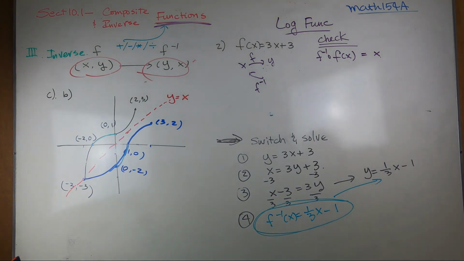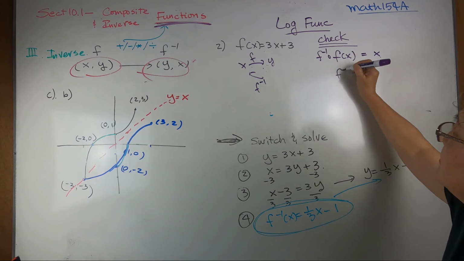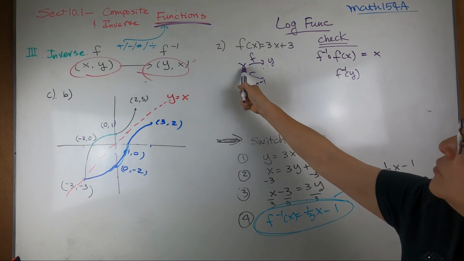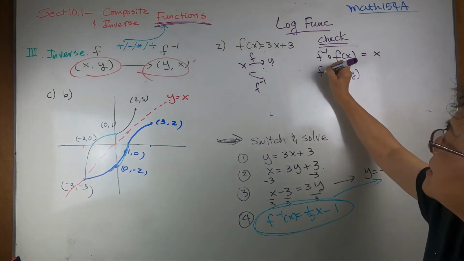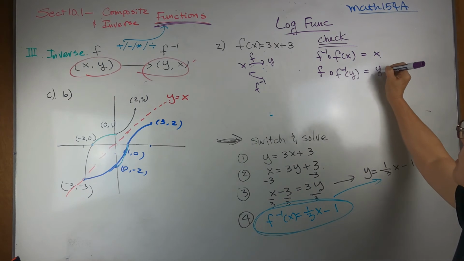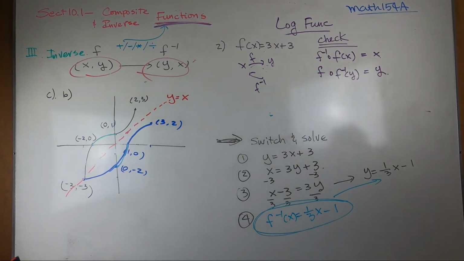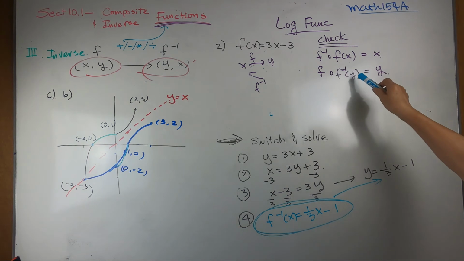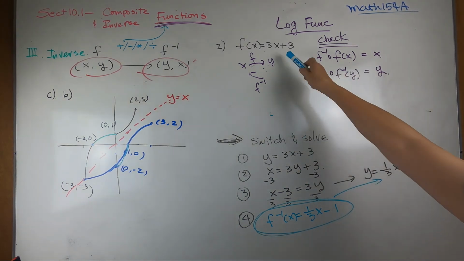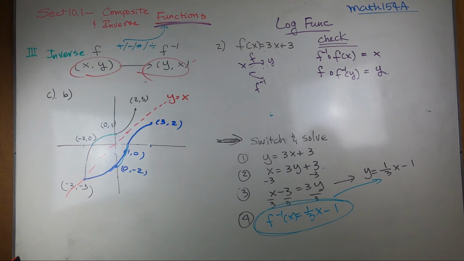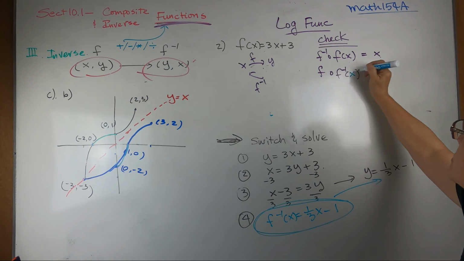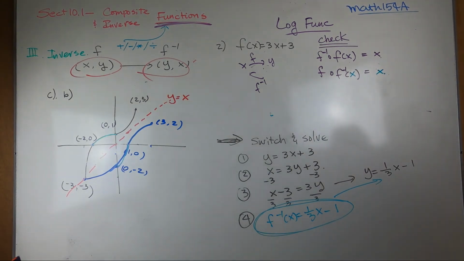Then same way, if I go the inverse way first, y, I go the inverse way, I do x. Then if I go the f way, I should get back to y. Is that right? Okay, but instead of doing x and y, because when we do the problem, originally we only have x, we don't use y here anymore. We just use the original x to check.